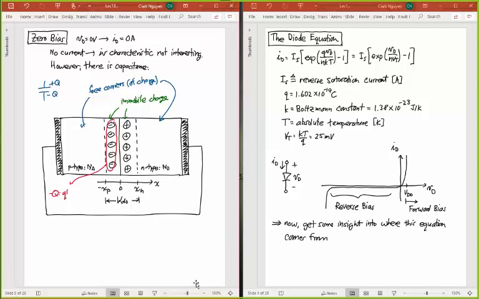So that's going to be Q times N sub A, where N sub A we've used before as the concentration of acceptor atoms. And now, since this is per unit volume, I want to multiply it by the volume. So the volume is going to be this length, the length of the depletion region here, which I'm showing as x sub p. We're going to want to get an equation for x sub p, which we're working toward right now, but right now I'm going to use that as a variable. So I'm going to say that's times x sub p.